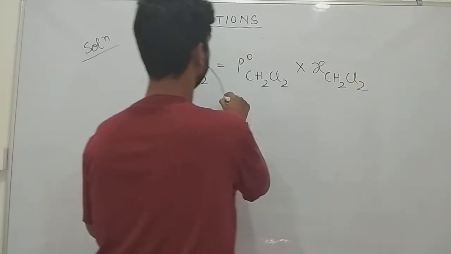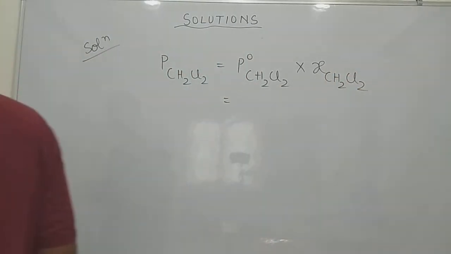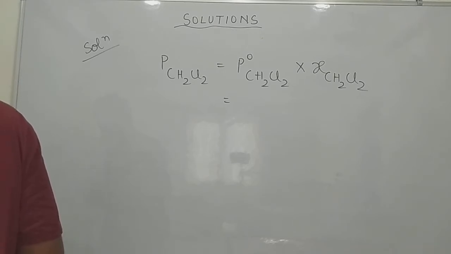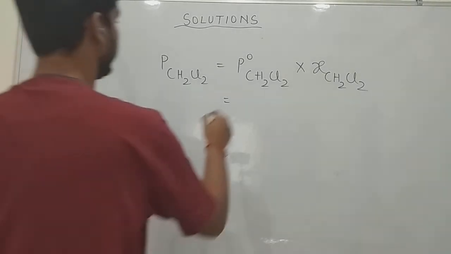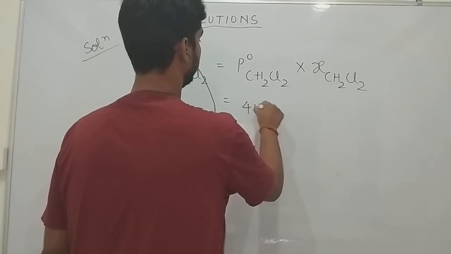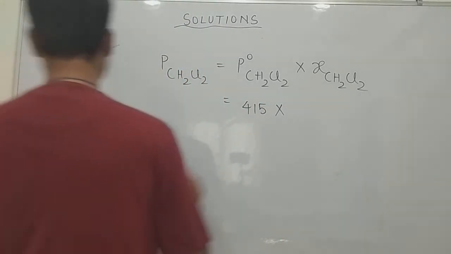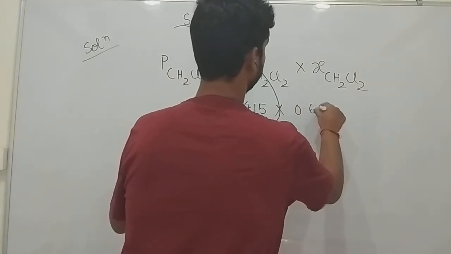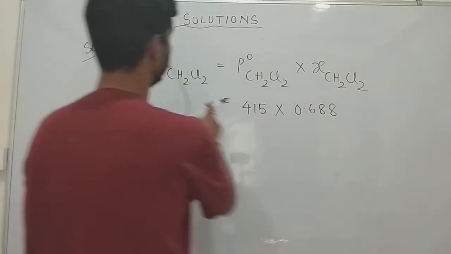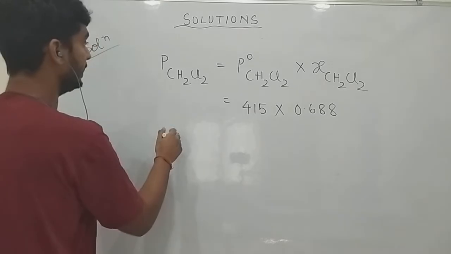Now it is given in the question, vapor pressure of CH2Cl2 is 415 millimeter of Hg, and into its mole fraction that we have calculated, 0.688. So this is the partial pressure of CH2Cl2.